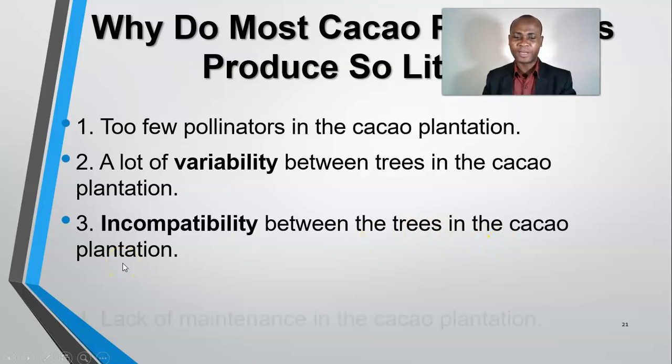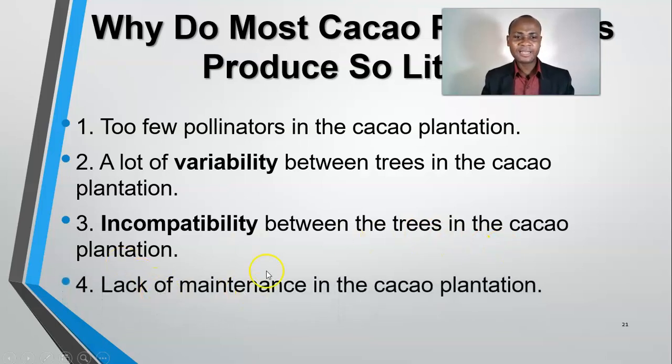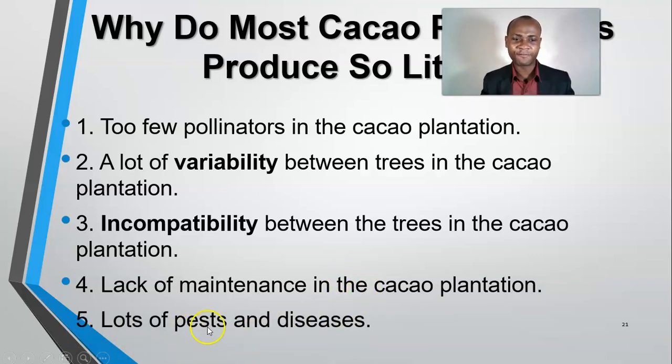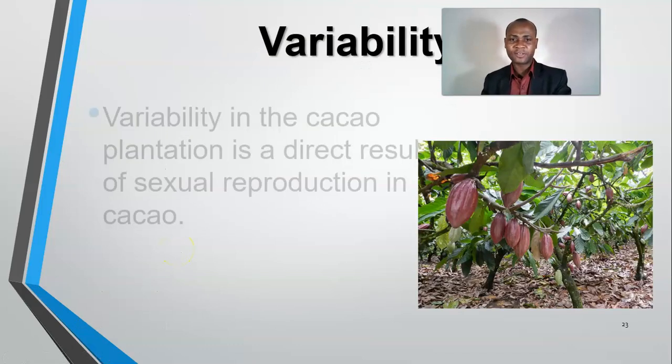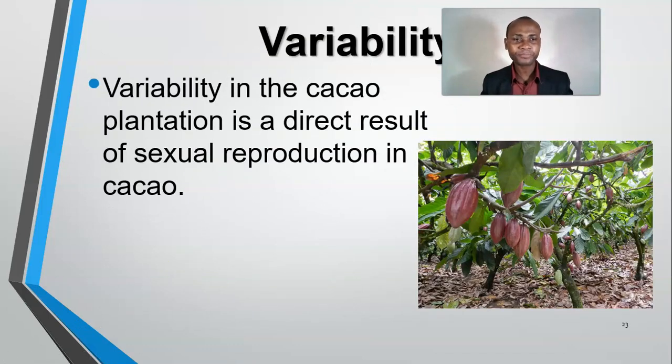Then lack of maintenance, and finally lots of pests and diseases. These are some of the reasons why most plantations do not produce enough yield. In this discussion we are going to talk about two of them: variability and incompatibility. Let's begin with variability.